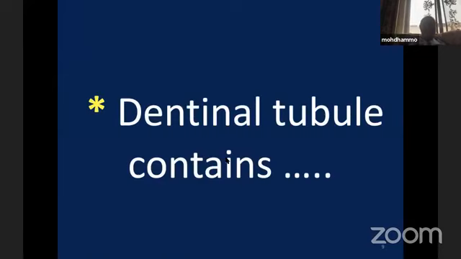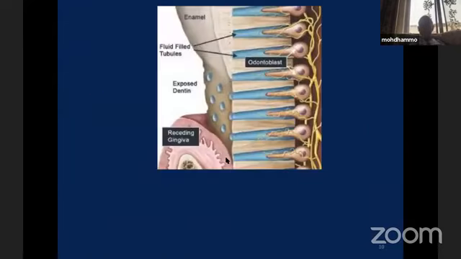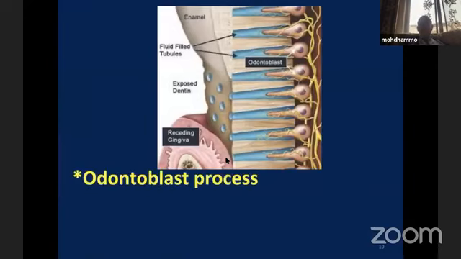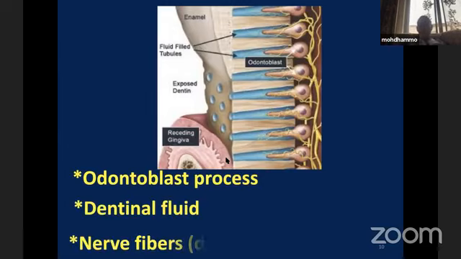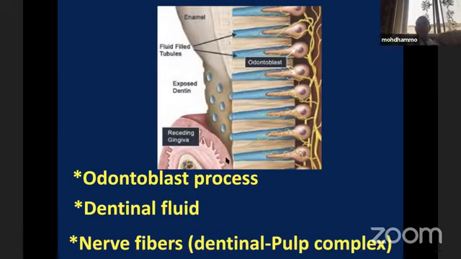Inside the dentinal tubules, we have three main parts: the odontoblast process, the dentinal fluids, and nerve fibers, which are the dentinal pulp complex.